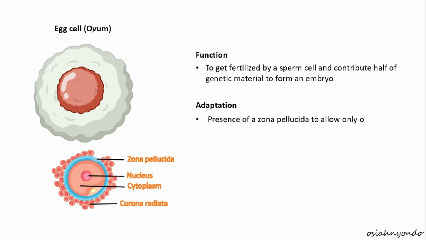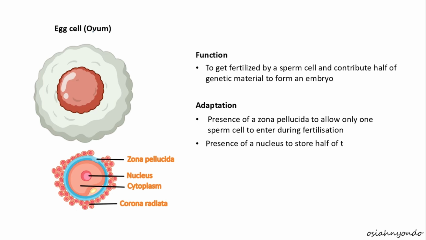Presence of a zona pellucida to allow only one sperm cell to enter during fertilization. Second point, presence of a nucleus to store half of its genetic material for fertilization. So these are some of the adaptations and also the function of this cell that you need to understand.